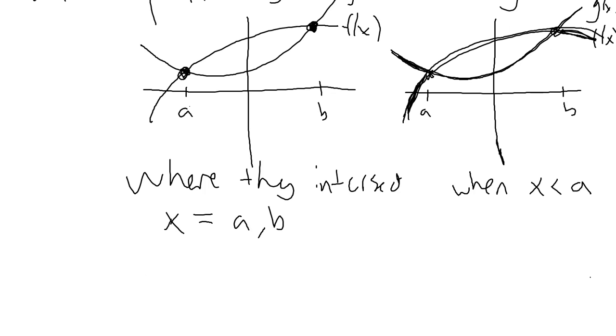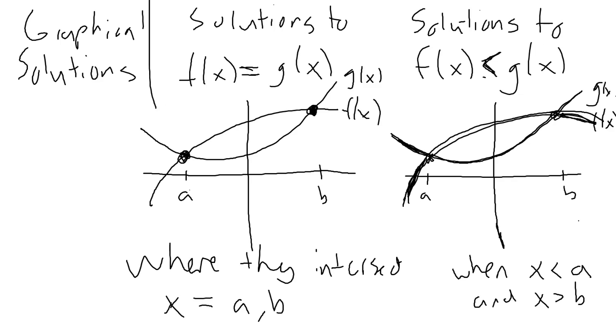So it's when x is less than a, and then in between a and b, g is bigger. So we don't want that. Sorry, f is bigger from a to b, and then we want f to be smaller, and x bigger than b. So that's when f of x is less than g of x.